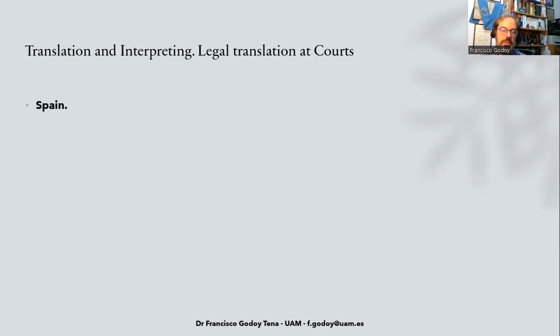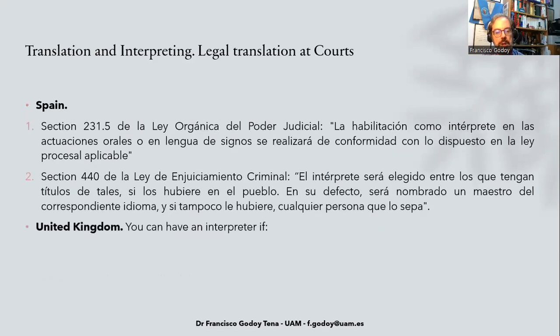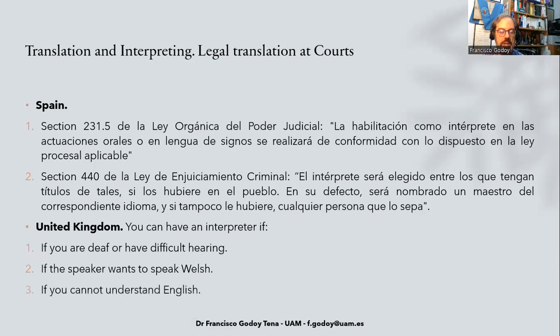In the case of translators and interpreters, we should be aware of certain aspects in this case. First of all, in the case of Spain, we have Section 231 of the Ley Orgánica. In this case, the importance of interpreters at court, the same in Section 440 of the Ley de Enjuiciamiento Criminal.